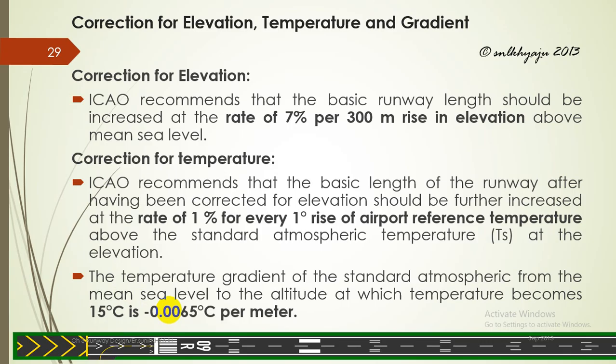That is, 15 degrees Celsius will not be the standard atmospheric temperature for the 100-meter elevation. That's why we have to calculate the standard atmospheric temperature, which is taken as 15 minus 0.0065 into 100.